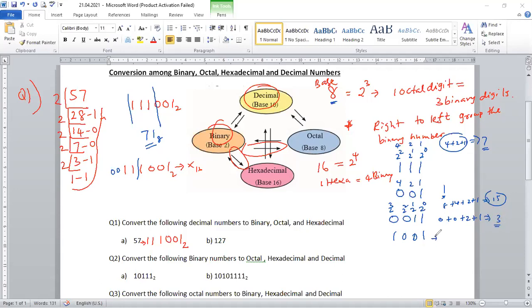And this one here, 8 into 1, 8, plus 0 plus 0 plus 1 into 1, 1. So altogether 9. So you can write this is 3 and this is 9 and the base will be 16. So this is the answer for the first one, 57.